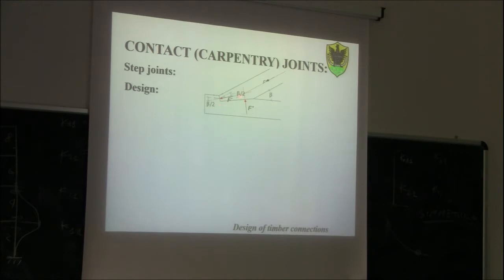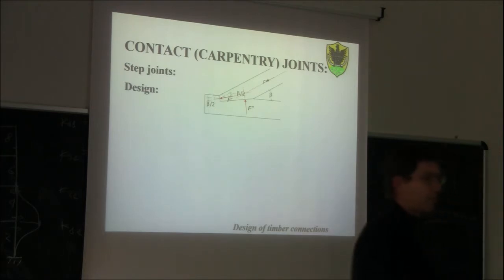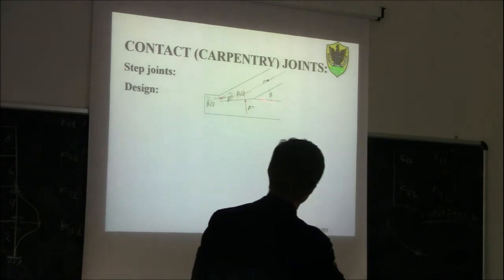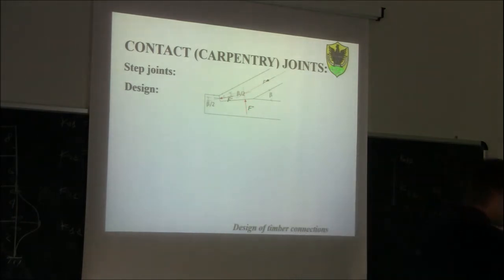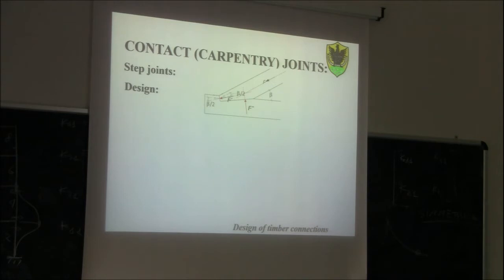If this is within the middle third of the width, we don't have a change of sign. We will have basically a trapezoidal distribution, with a big compression value here and a small compression value here. Now, if this force is applied in the outer third of the length of this notch, what's going to happen there?